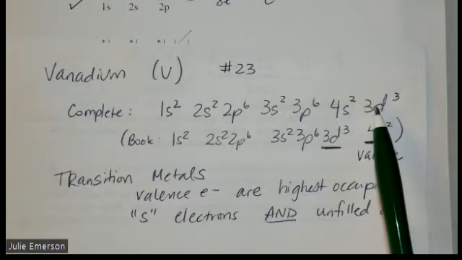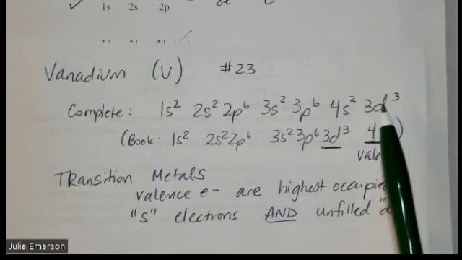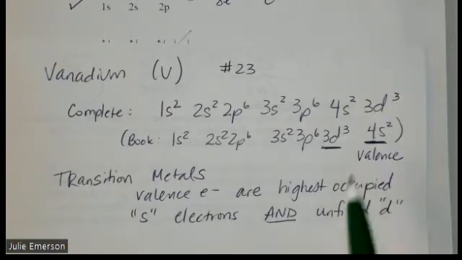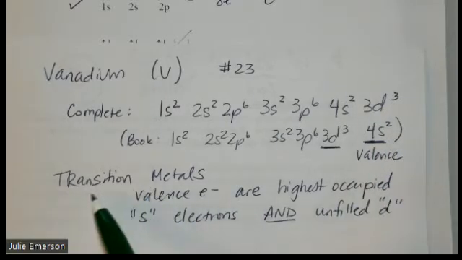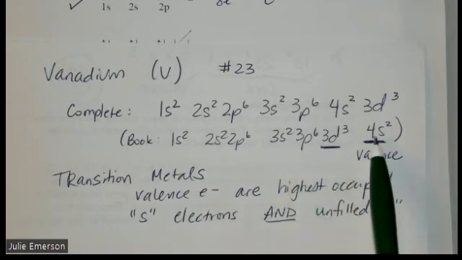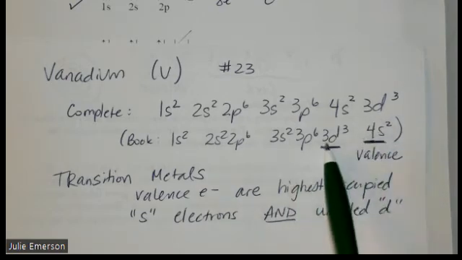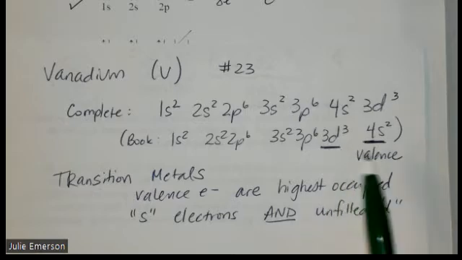And then what can happen is, if the d gets completely filled, it drops below the energy of the 4s. So it's a little screwy. We don't have to really worry about it too much. Just remember that if you're looking at a transition metal, normally valence is the highest occupied shell, that's what we did in intro. But now any unfilled d also acts as a valence electron.